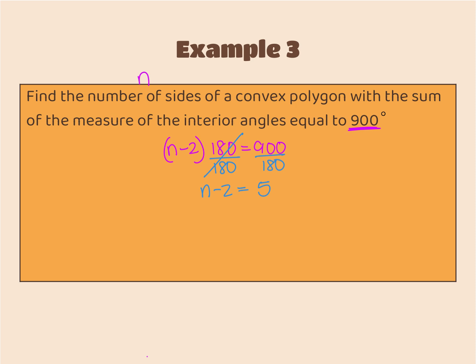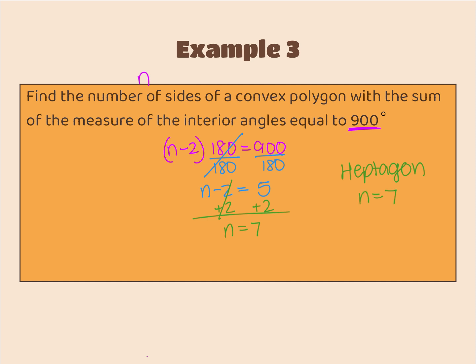I'm going to get 5. And then what do I have to do to find the number of sides? Add 2. And n is going to equal 7. So what shape is that? Heptagon. And again, it wanted to find the number of sides, and that was 7.